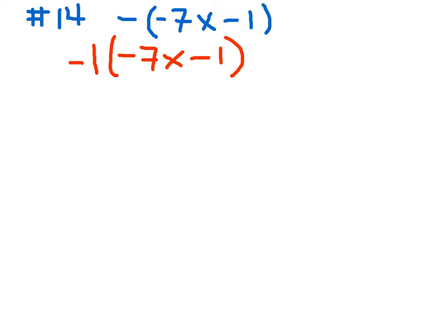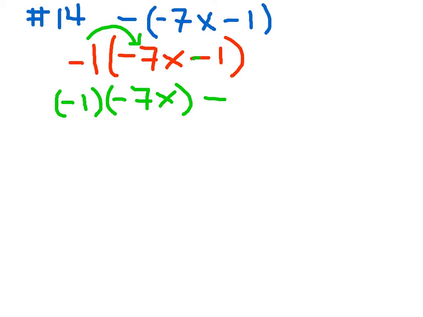So let's go ahead and do that distribution. I'm going to distribute it there, and that's going to give me -1 times -7x. Then I'm going to have minus, so I keep this sign here, and then -1 times 1.